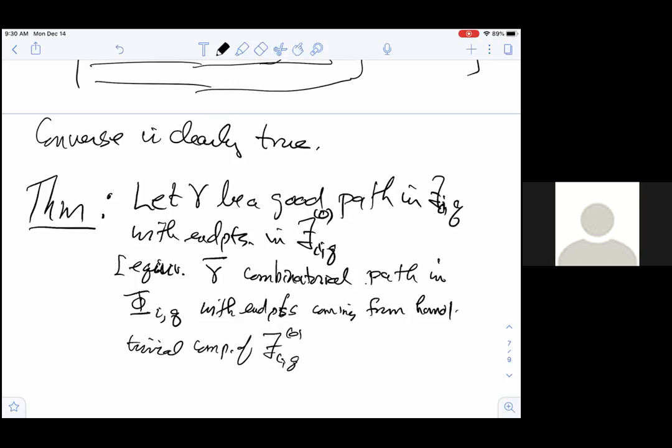Well, okay, I haven't said homologically. Endpoints coming from, so the endpoints are required to be in the vertices that go with components of codimension 0.